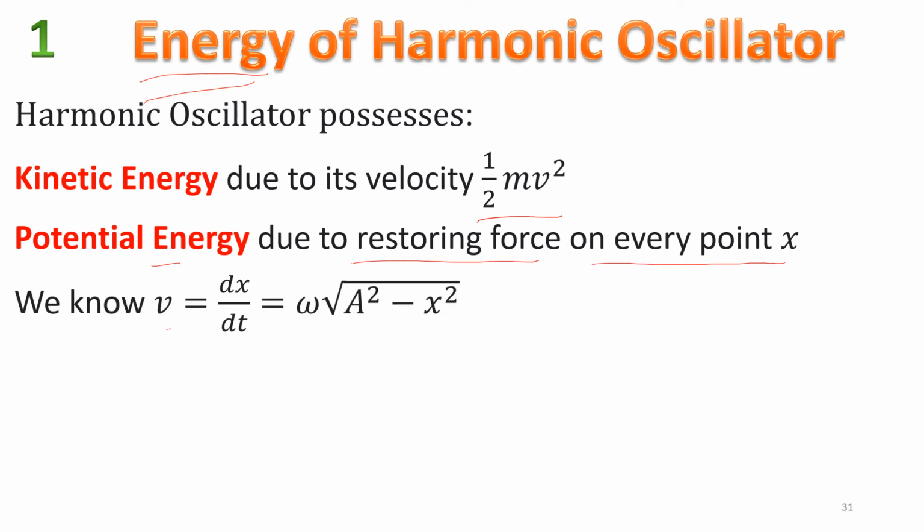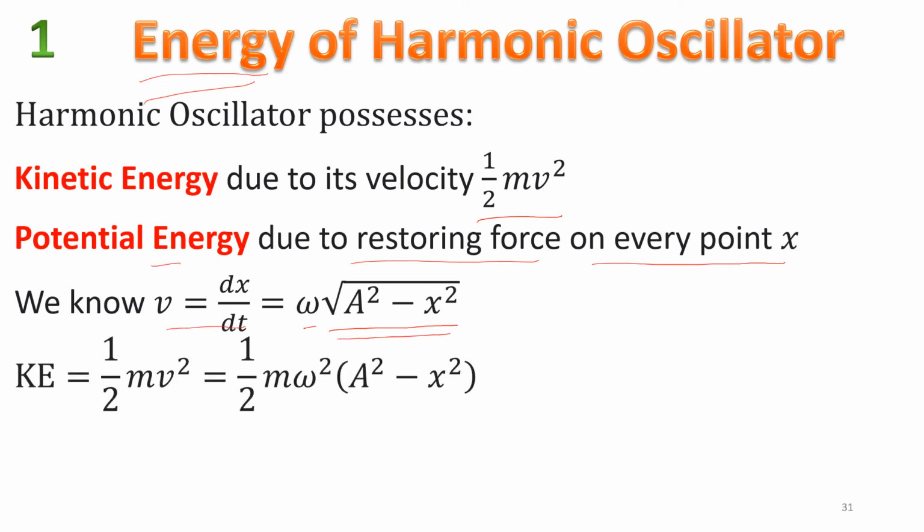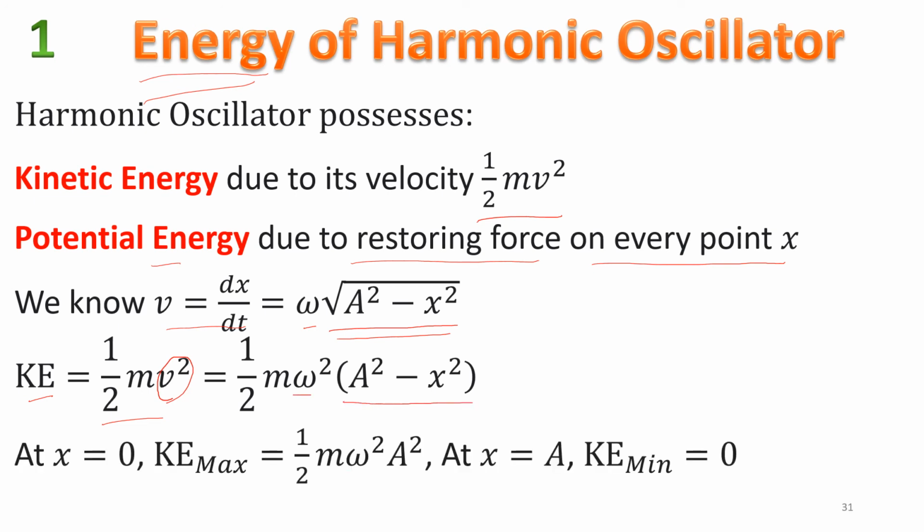So v is equal to dx by dt, that is equal to omega times under root of a square minus x square. Somewhere in the earlier slide we have done this. So kinetic energy is equal to 1 by 2 mv square. We are now interested in replacing this v square, so this is omega square into bracket a square minus x square.